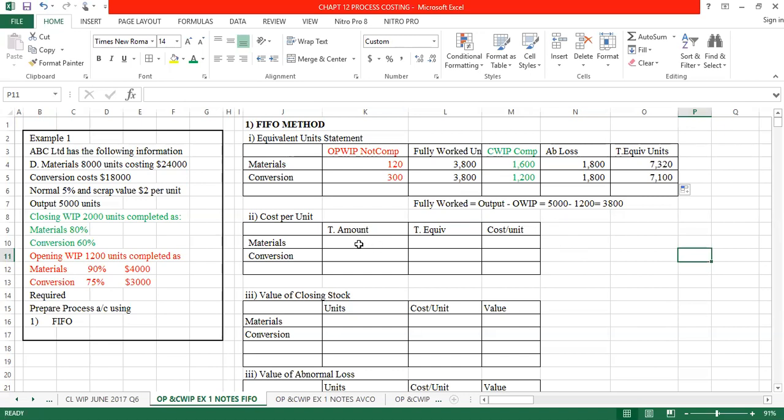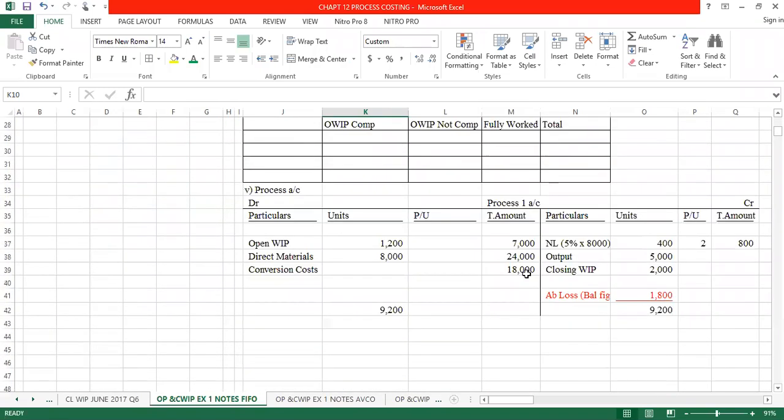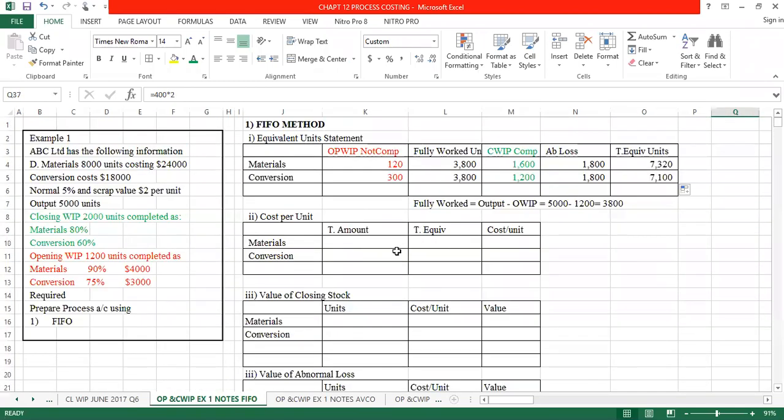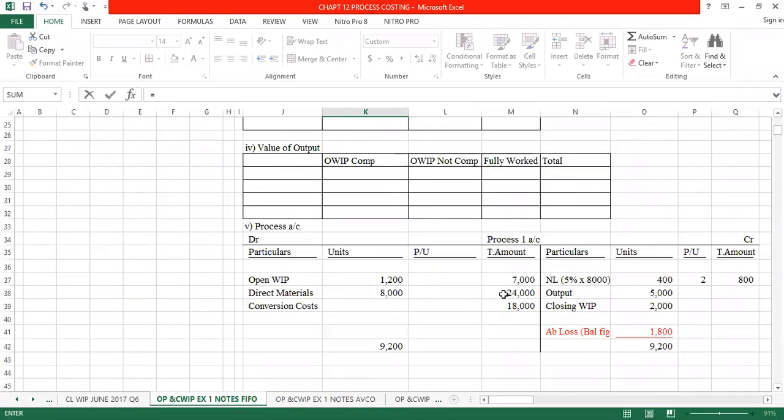We go to total amount. Anybody who reminds me total amount? How are we getting total amount? For materials, you come to this total of materials minus the normal loss amount, 24,000 minus 800. So total amount of materials is equals to, look at what I'm doing, 24,000 minus 800.